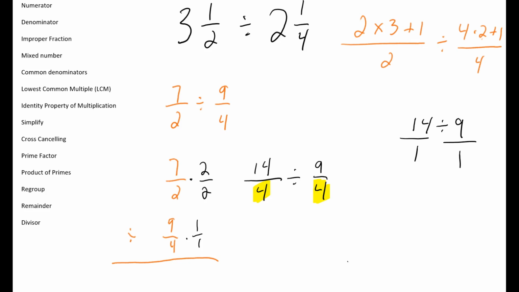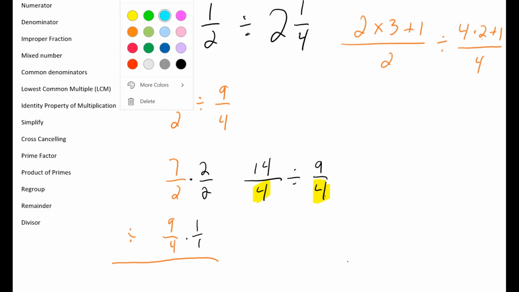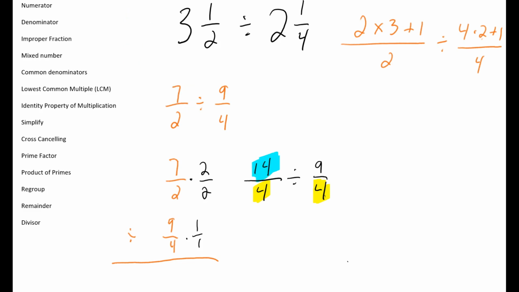I have common denominators, so all I do is I put the left numerator over the right numerator, and I would have 14/9. Okay? Well, the same thing is true with fractions. If I have common denominators, which I do, I put the left numerator over the right numerator. And I'm going to end up with 14/9, just like I did with the keep, change, and flip method.